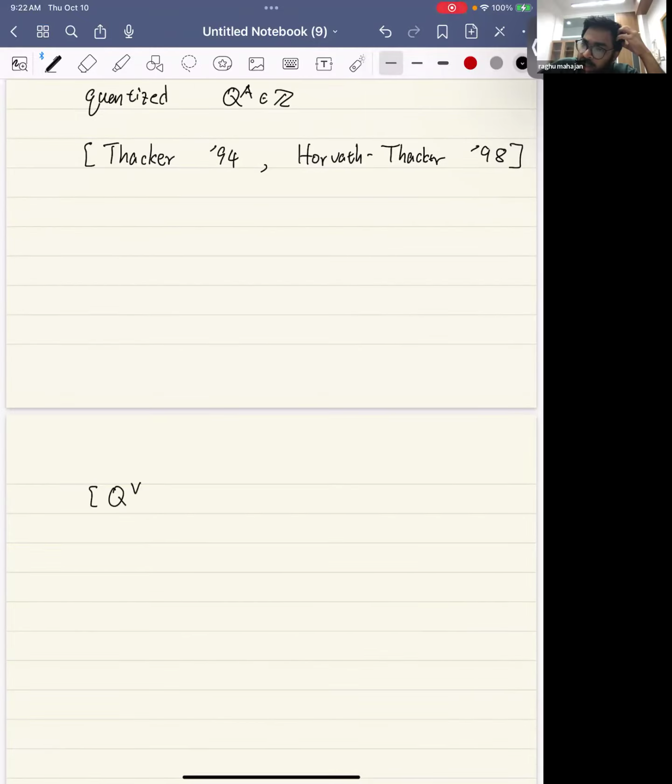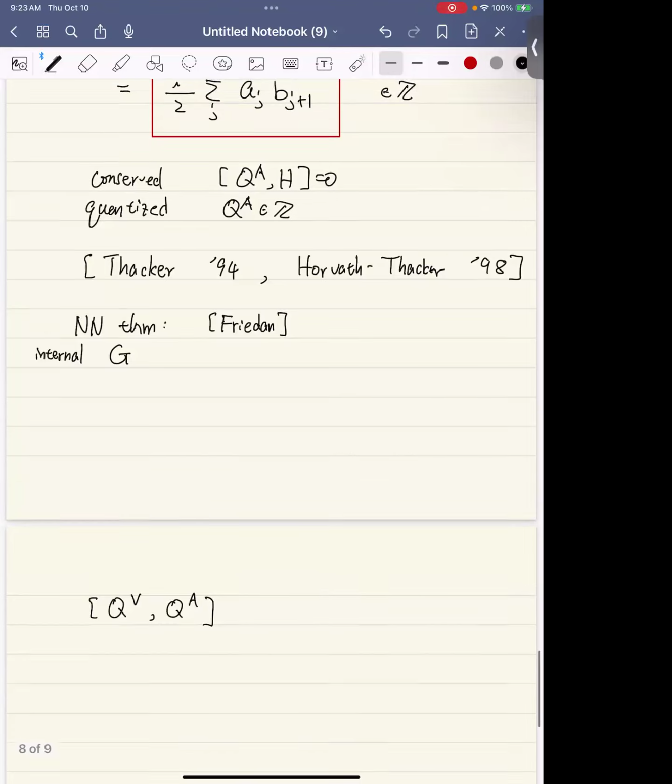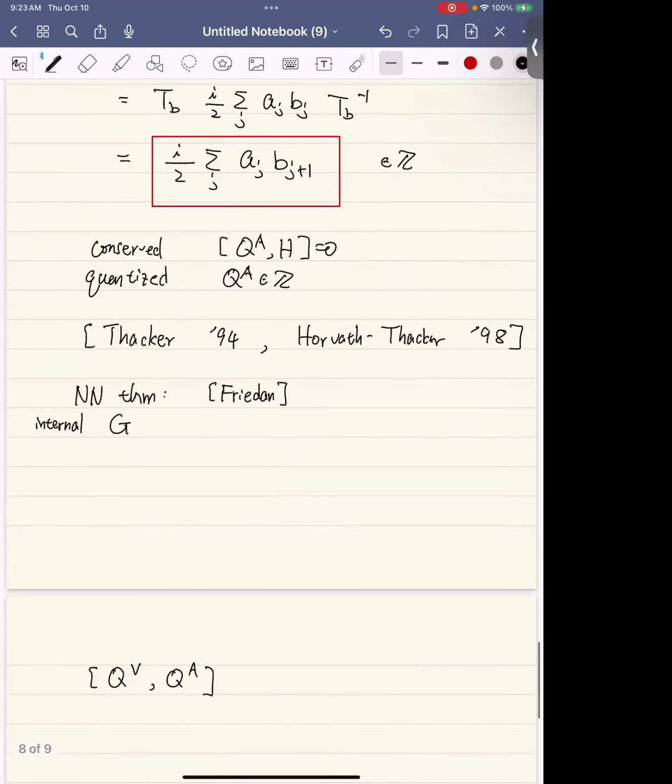Sorry, could you say the contradiction with the Nielsen-Ninomiya theorem again? Yeah. So the NN theorem, in the version formulated by Den Nijs, says that on the lattice you have some internal global symmetry G, and G has to satisfy various nice locality properties, which are satisfied by our QB and QA.